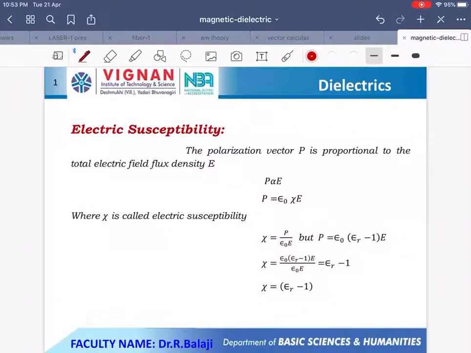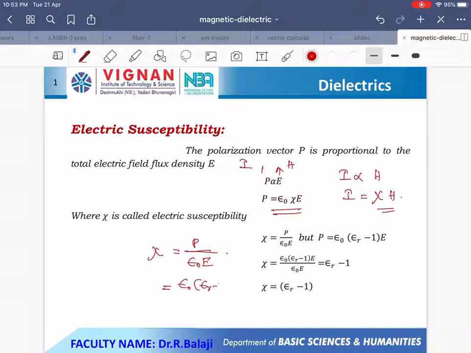Next one is electric susceptibility. In the previous case, we know that I is directly proportional to H. Similarly here, P is equal to epsilon naught xi into E. Now xi is equal to P by epsilon naught into E. But what is the value of P?